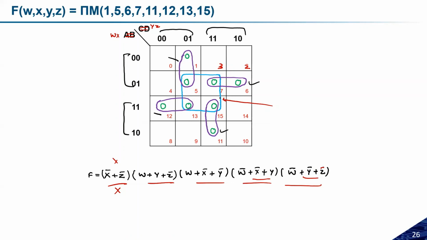Even though you have considered it, if it is covered by the other lower pairs, then we can remove this one. It is not mandatory to use this one. So the final function could be with the help of only these four max terms, and that will give you fewer logic functions at the output. Okay, so this is a trick in this question.